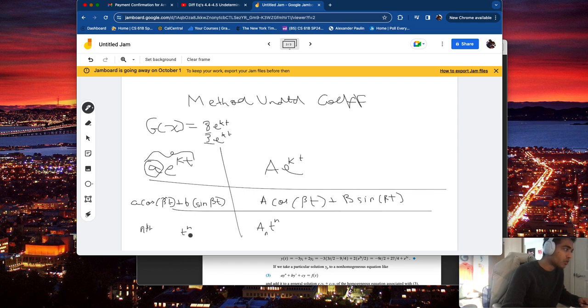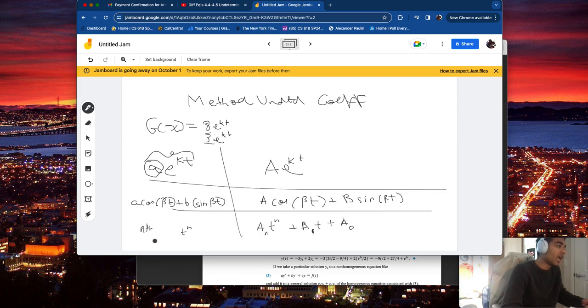Basically if this was a quadratic, then you would guess it to be a x square plus b x plus c. So imagine whatever degree polynomial it is, you make sure to include a member in each of those cases. It will go up to this, and then you also need your constant.